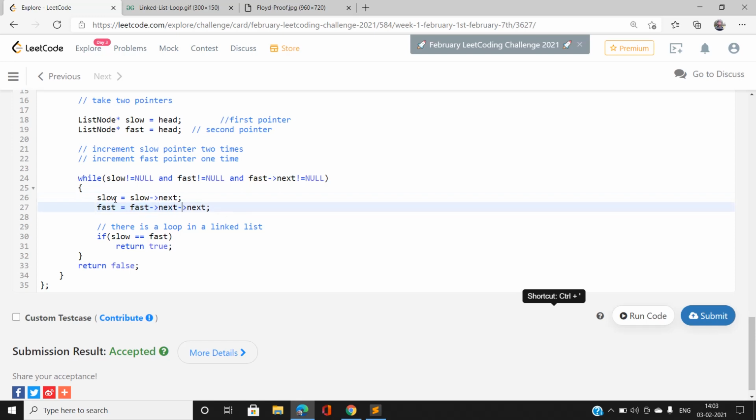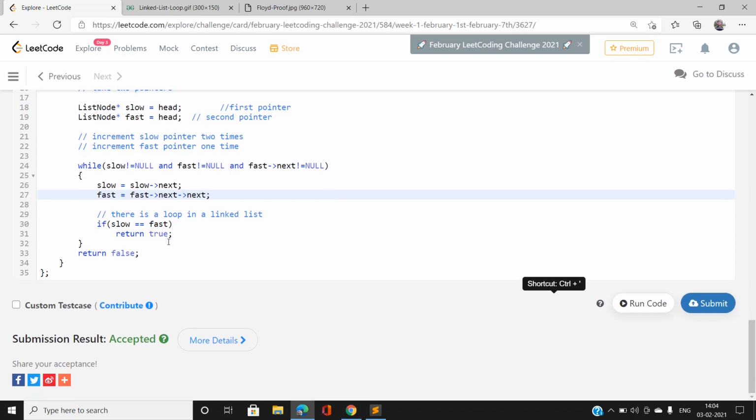If they are moving in a cycle of length n, then the distance between the slow pointer and the fast pointer is always going to increase, and it is obvious that both are going to coincide according to the Floyd cycle finding algorithm. Then we return true, because we have found the cycle. Otherwise we return false.